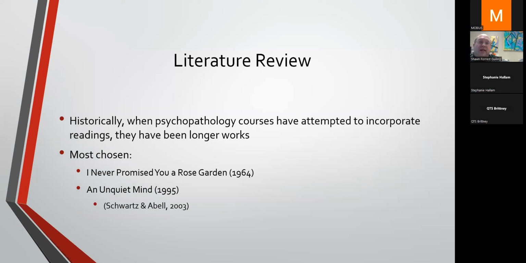Historically, when psychopathology or related courses have attempted to incorporate reading, they have been longer works. And the two that came up the most in an analysis were I Never Promised You a Rose Garden and An Unquiet Mind. Both of those obviously address mental health concerns in different ways. They're written in different eras, and that study was in 2003, so it would be interesting to see if people have changed that.